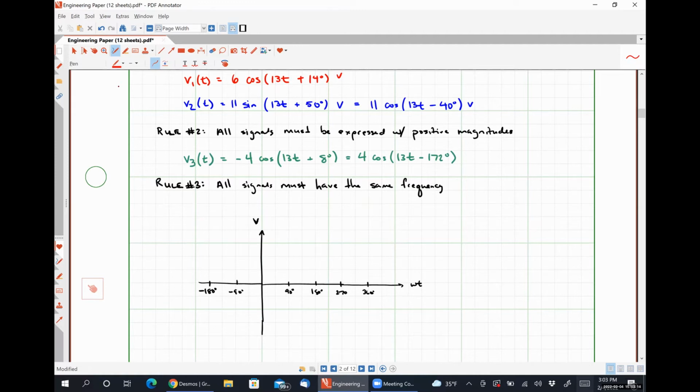So that means that its peak amplitude is, let's see, 6 is going to be something around here. Let's call 11 to be something up here. And 4 would be something like this. Okay. So its peak value is going to be at 14 degrees, and we're going to have a shift to the left.